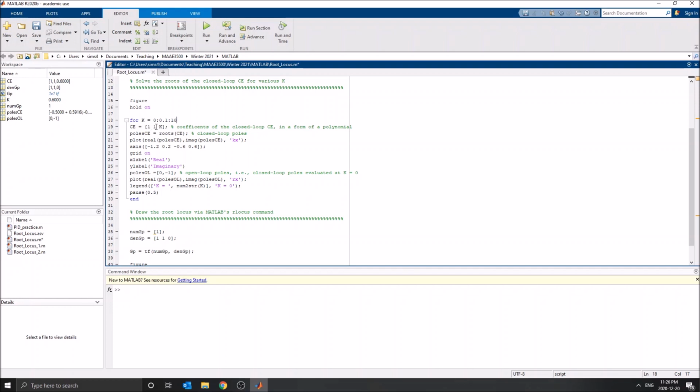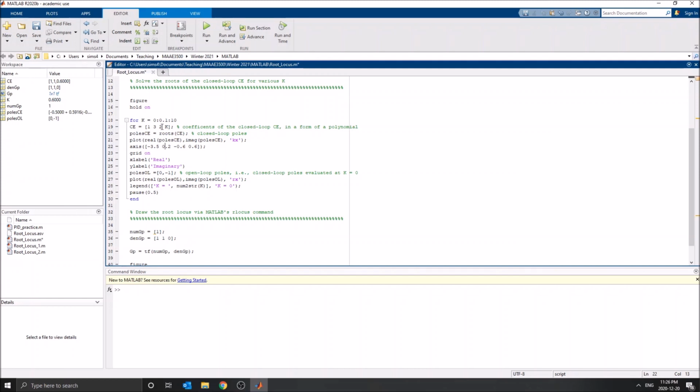The characteristic equation for the second example, if you go back to that lecture, it was s cubed plus 3s squared plus 2s plus k. All right. Now I'm going to change my axes a little bit in terms of their limits so that we can clearly see the full root locus.